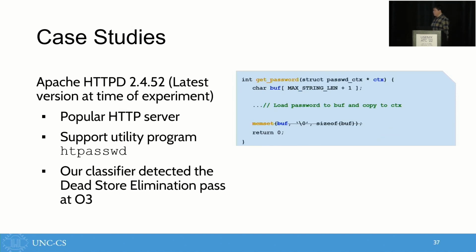Next, we also found an issue in Apache HTTPD's support utility program htpasswd, where the compiler simply removed the erasure instruction that erases the plain text password. So after this get password function executes, we were still able to recover the entire plain text password because the code that erases the password is gone.